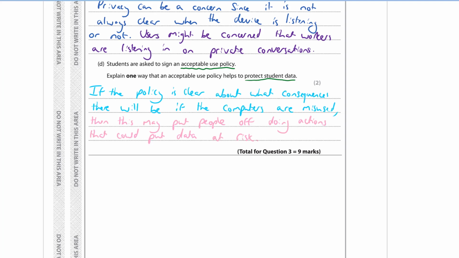So I've gone down the route of people deliberately wanting to misuse the computer, saying that if it says what consequences there are, it might deter people from doing things which could put data at risk. So for example, it might deter people from going on random dodgy websites which could download malware, and you might give that example if you had time to add that at the bottom. So it's not always malicious, it can just be used as a training tool to increase the awareness of people using the computers.